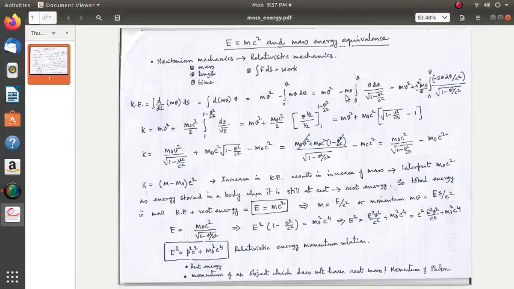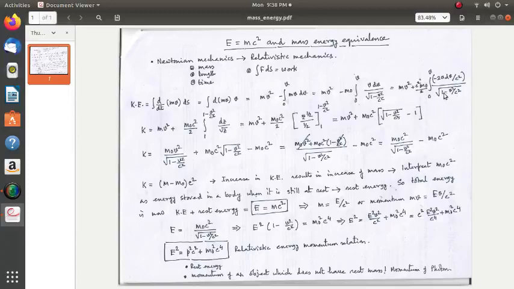You divide it by 2 and multiply by c square. So c square by 2 m0, and in the numerator is 2v dv by c square, and this minus sign can be absorbed inside, so this is now plus.